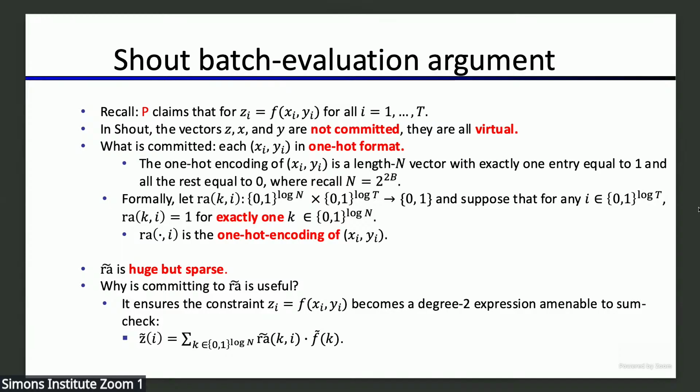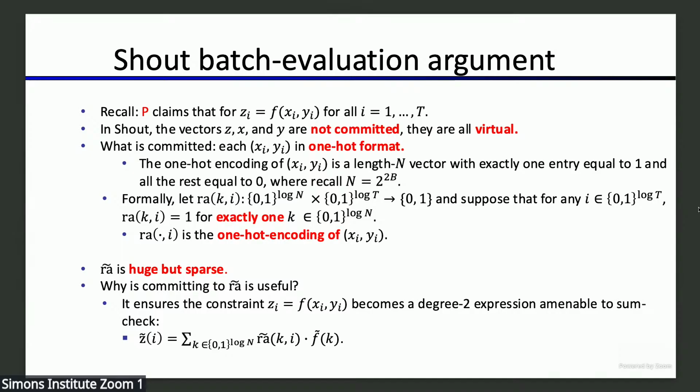Why do this? Once you do this, everything you want in the prover's claim is nice and low degree, in the simplest kind of constraints you can imagine. In particular, the true output multilinear extension evaluated at any input is just the sum over all k. Think of this as summing over z twiddle of i, if i is Boolean valued, the true value returned by the ith evaluation of f.